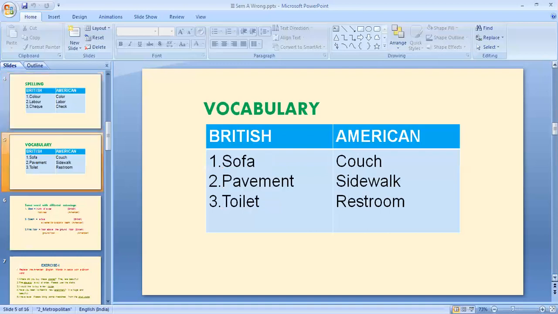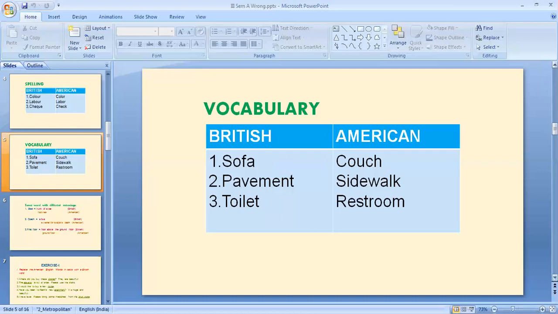And coming to the second area, vocabulary, there are a lot of differences we can identify between British and American words which refer to the same thing. Both words refer to the same thing, but the words used for that thing are different in these two languages. For example, the Britishers' sofa is the Americans' couch. Americans use the word couch for the same thing, whereas British people call it sofa.